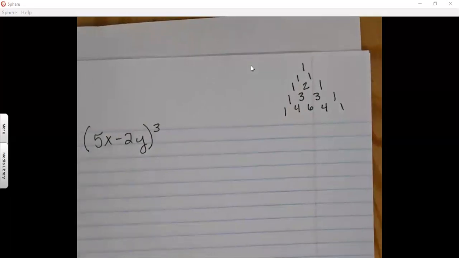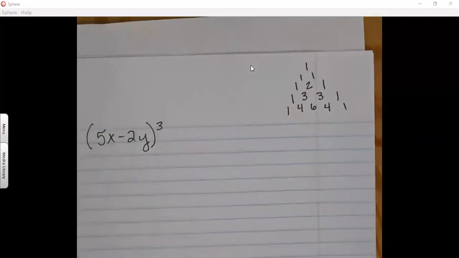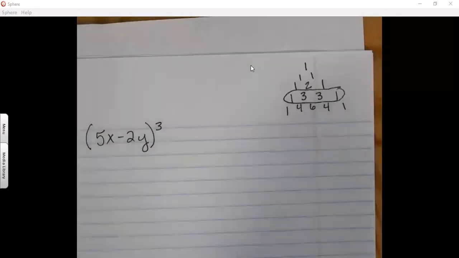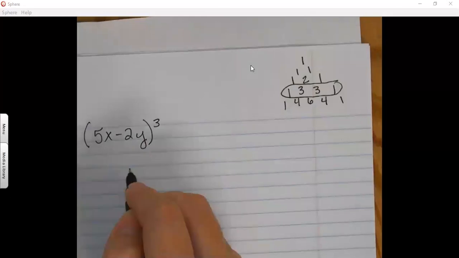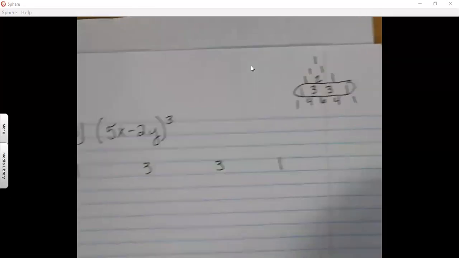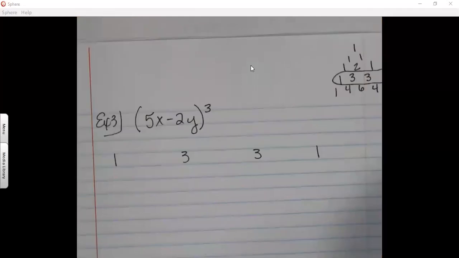Okay, so we're going to start with writing our coefficients. So 1, 3, 3, 1. My first term is 5x this time.